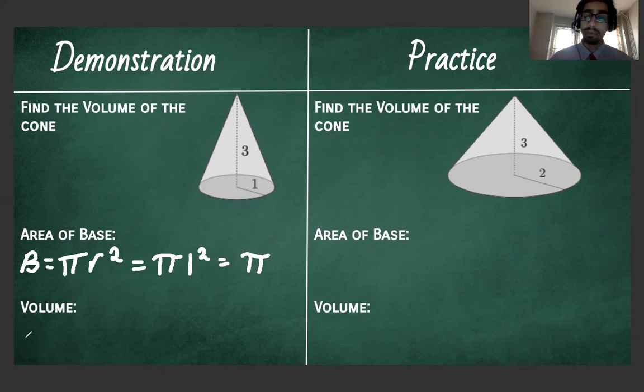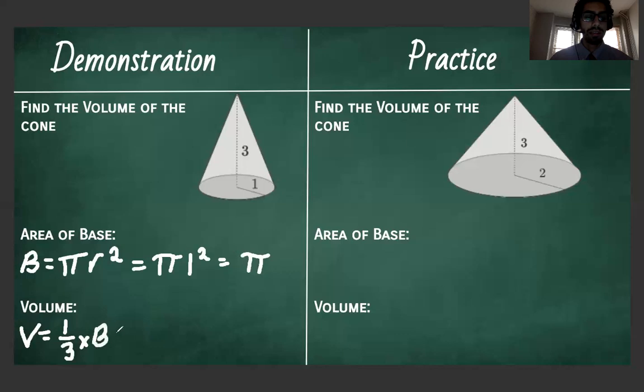Let me go back into my original formula to find out what the volume of the cone is. If you can go ahead and tell me what that formula is. Yeah, 1/3 times the area of the base times the height of the cone.